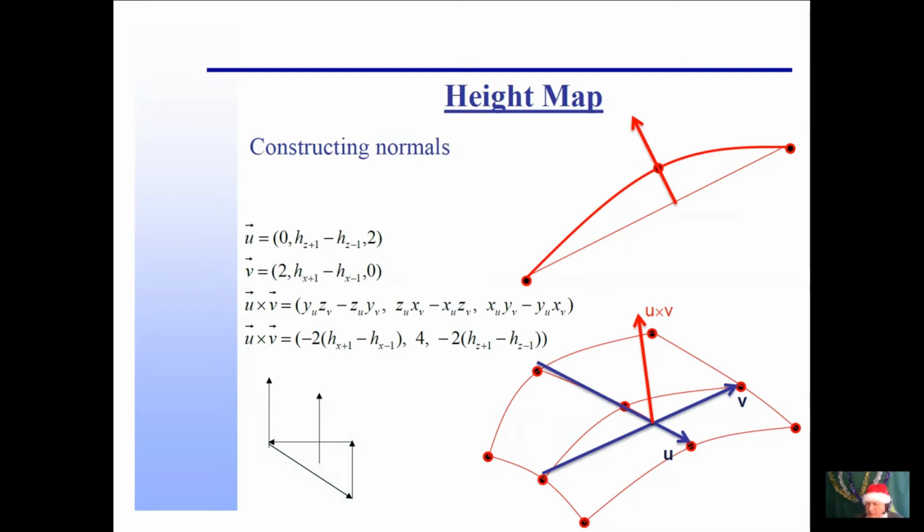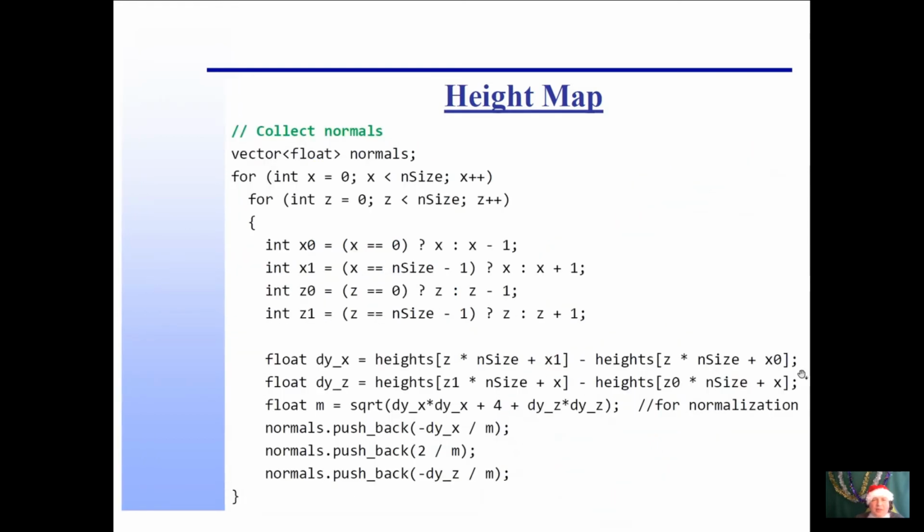This method can be replicated in any situation in which you have a 3D mesh without normals. So for each point you can find 2 vectors based on neighboring positions, neighboring vertices, find a cross product, and of course normalize this cross product, you get the normal, okay. So that's how it works.